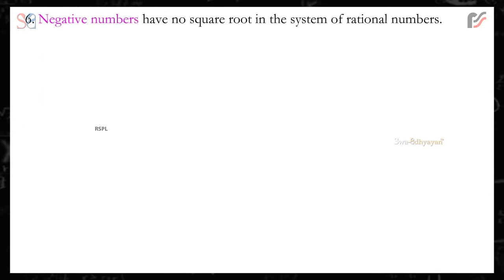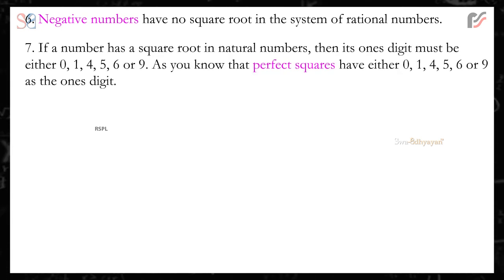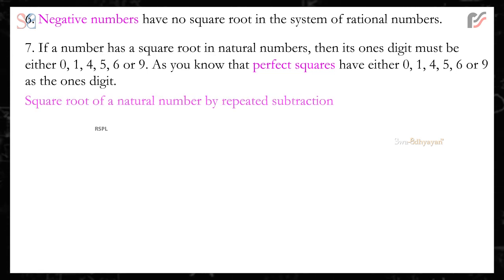Negative numbers have no square root in the system of rational numbers. 7. If a number has a square root in natural numbers, then its ones digit must be either 0, 1, 4, 5, 6 or 9. As you know that perfect squares have either 0, 1, 4, 5, 6 or 9 as the ones digit.